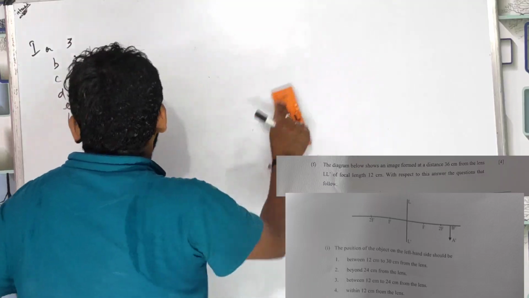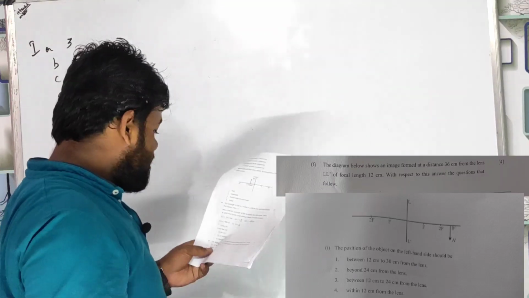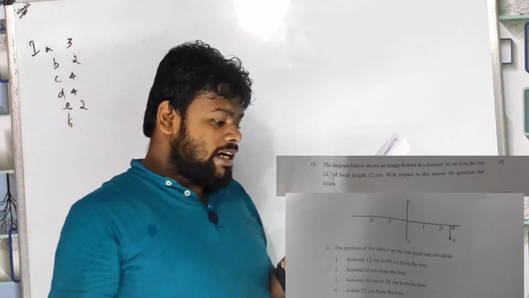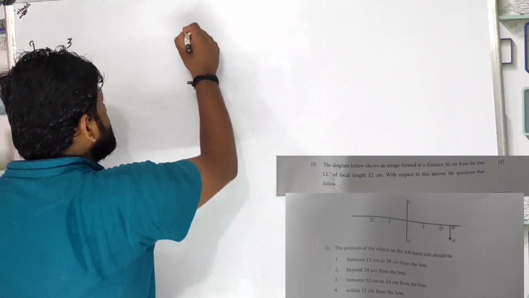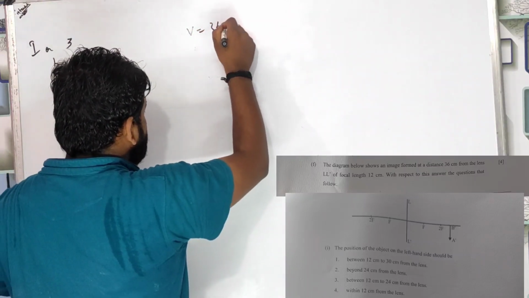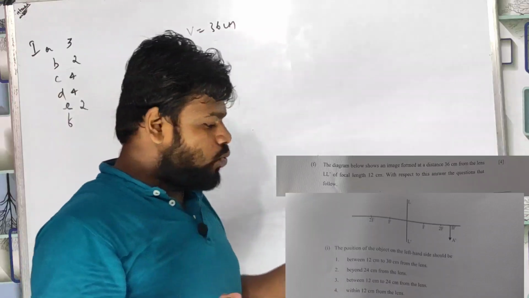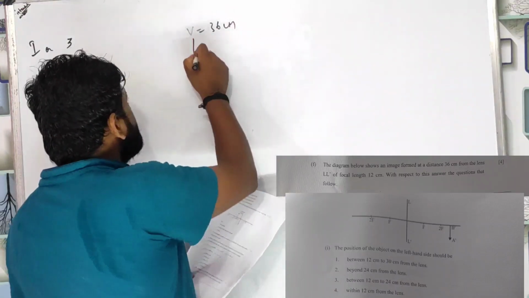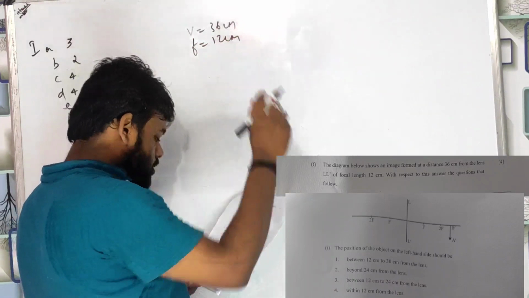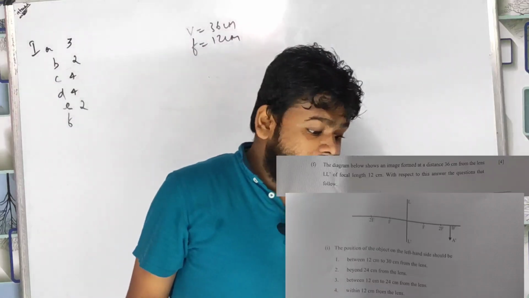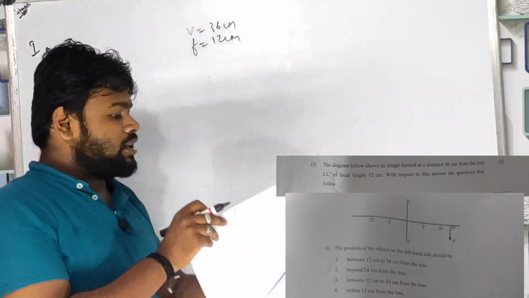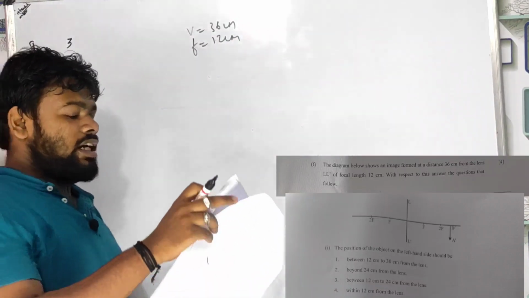Very interesting, the diagram shows the image distance. What is the image distance, children? 36 centimeter. Who gave it? Not me, the question gave it. In F the focal length is given as 12 centimeter.